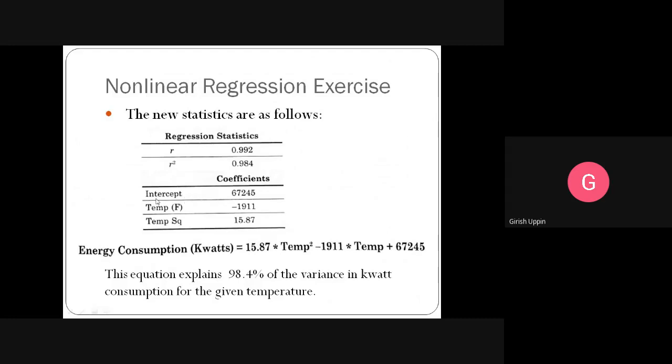And what are the different coefficients I get? For the intercept, that is beta naught, I get 67,245. For the temperature, the coefficient beta 1 is minus 1911, and for the temperature square, beta 2 is 15.87.